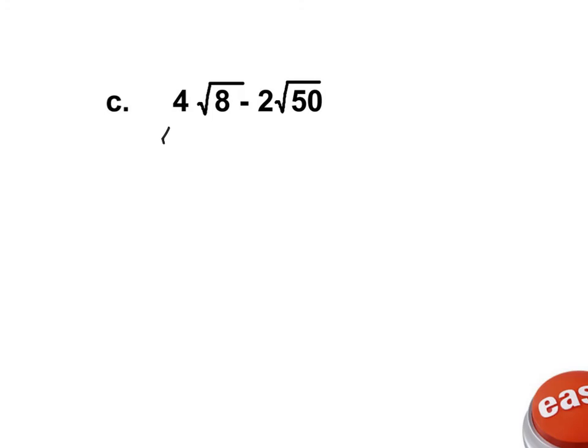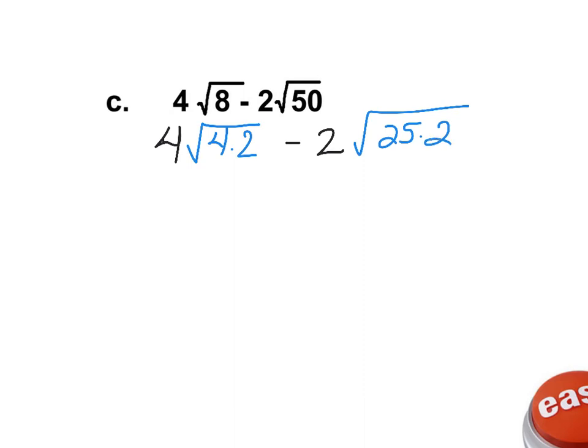So let's start by simplifying. I get 4, and the square root of 8 simplifies to the square root of 4 times 2, minus 2. The square root of 50 can break into 25 times 2. All right, so I'm going to end up with 4 times, this square root of 4 comes out as 2, times the square root of 2, minus 2.